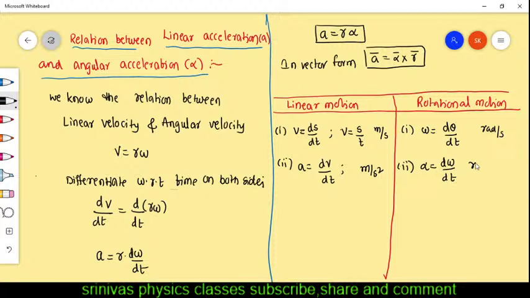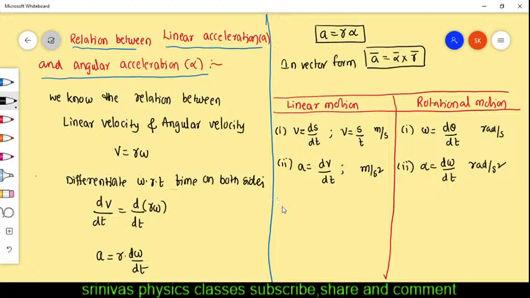Its unit is radian per second square. Displacement is replaced with angular displacement, s is replaced with theta. Velocity v is replaced with angular velocity omega. Acceleration a is replaced with angular acceleration alpha. That's all.